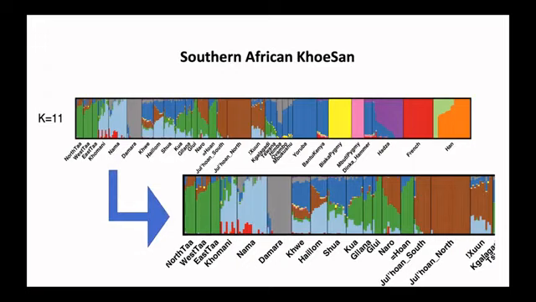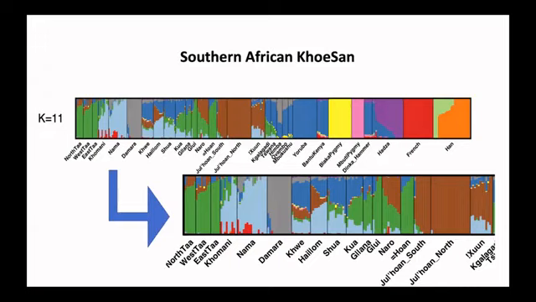This work was done in collaboration with Dr. Brenna Henn. If you look at the top panel, you'll see all the different populations that we used, as well as zooming in to the two populations that we are interested in here to answer the fine-scale population structure question, and that is the Komani and Nama.